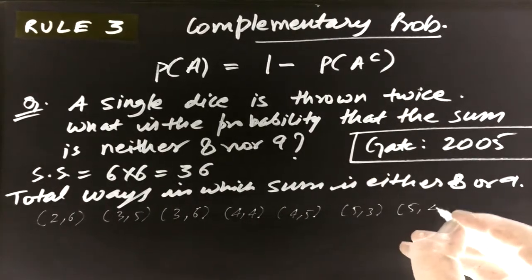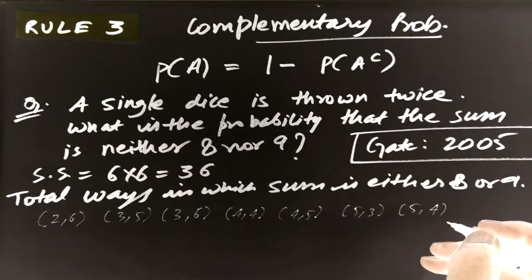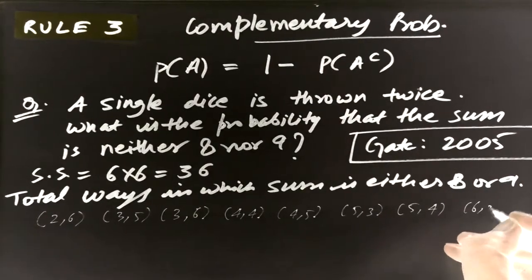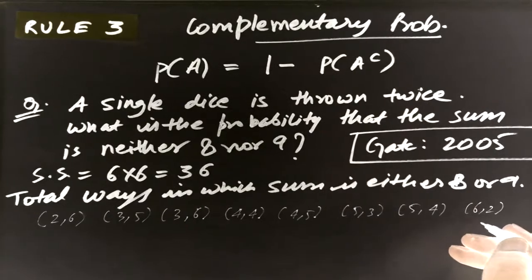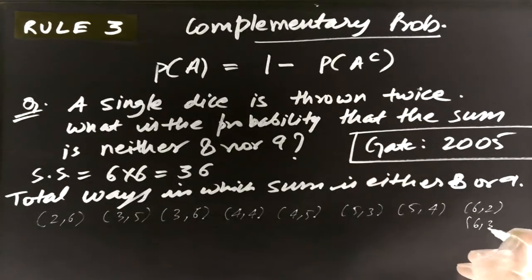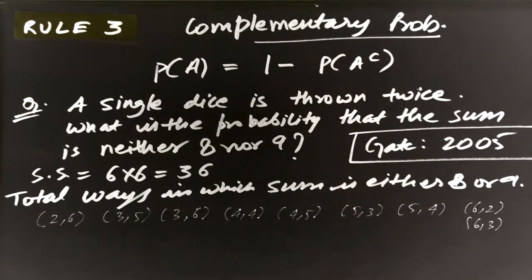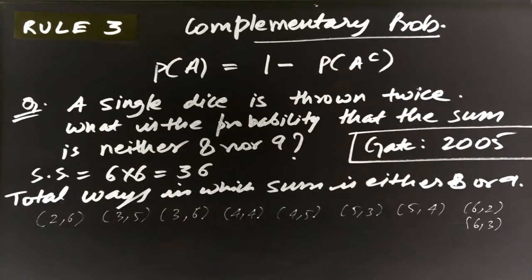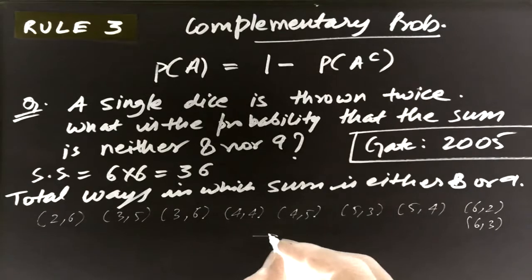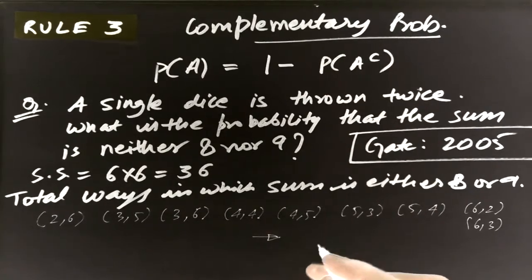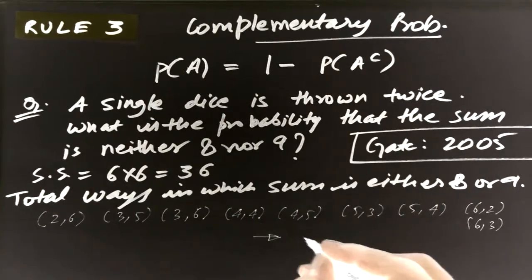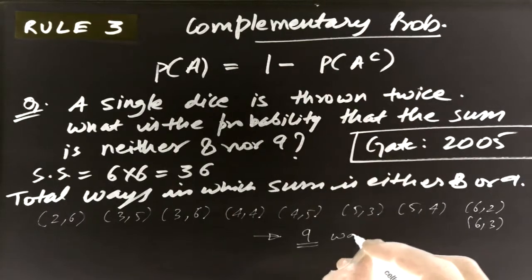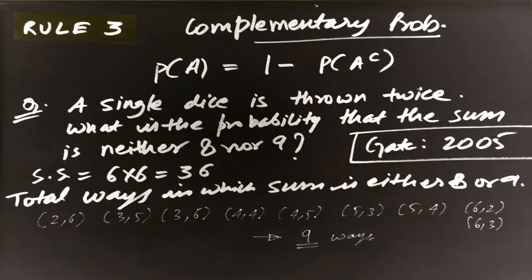There can be (5,4), because 9 is also there. There can be (6,2) and (6,3). Yes, I think these will complete. These are all the total ways in which sum is either 8 or 9. So the total number of ways are 9. So there are 9 ways.